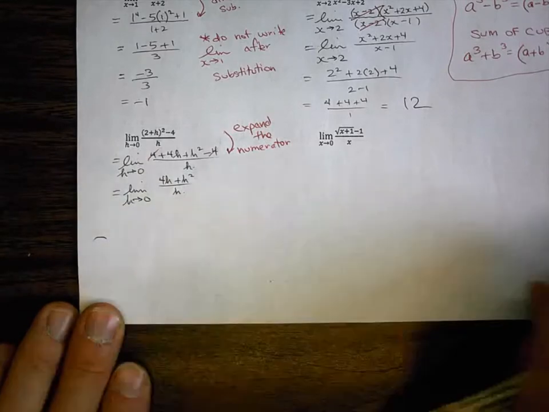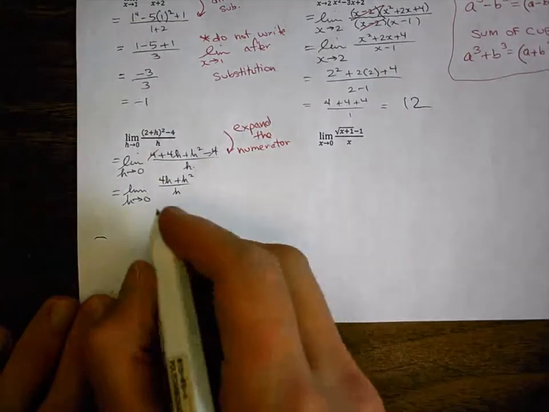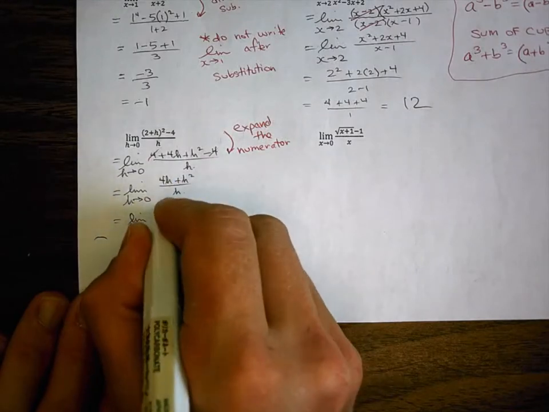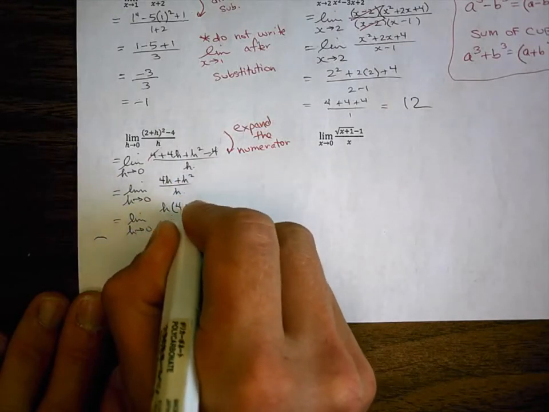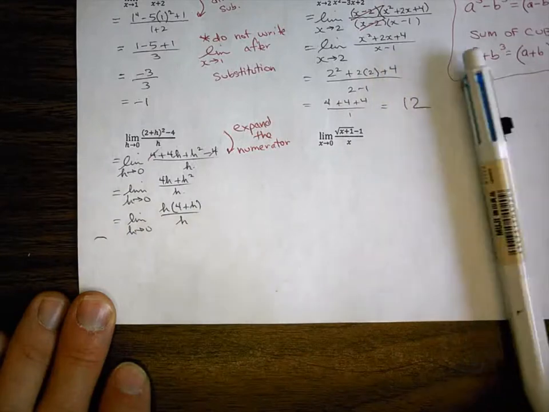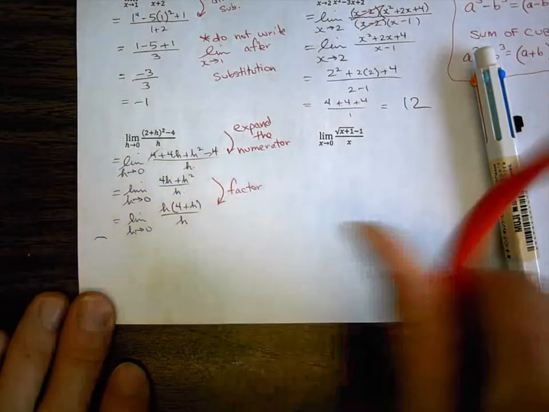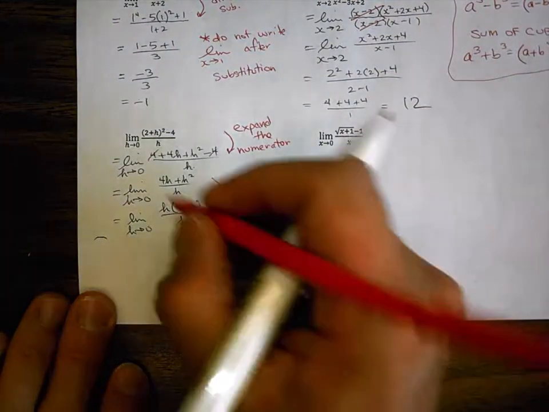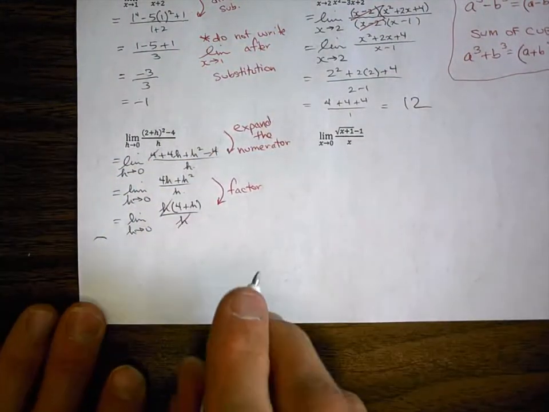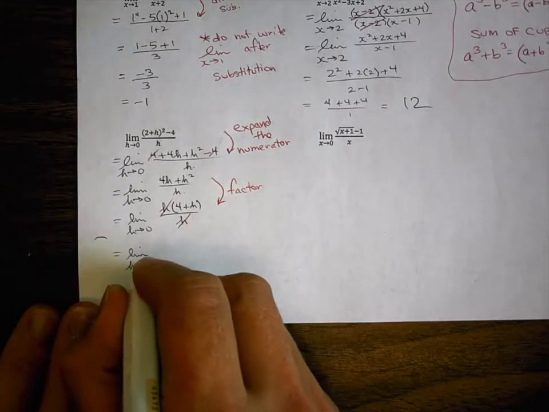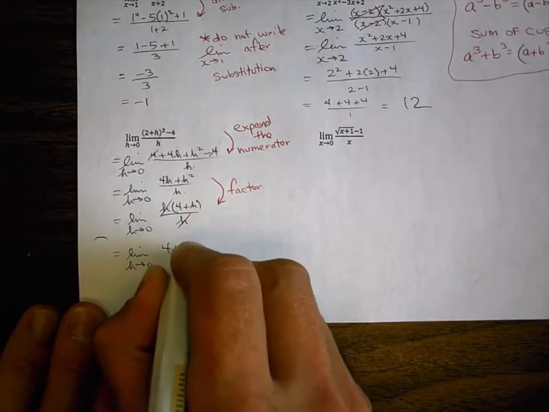And I hope you see the great thing that's happening here. I can factor an h out of the numerator, and I end up with h times 4 plus h over h. So I did a little bit of simplifying, I factored, and now I can cancel out those h's, one on the top, one on the bottom. So my limit now has simplified to 4 plus h, should be in brackets.